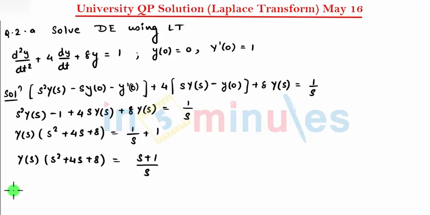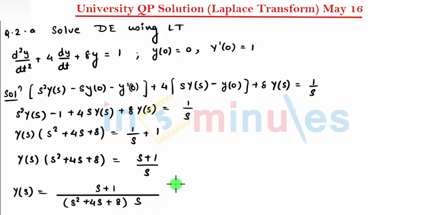So we can say Y of s is equal to s plus 1 divided by s square plus 4s plus 8, into s. Here we have s plus 1 divided by s square plus 4s plus 8 into s. You don't have factors for this, so we need to solve it by partial fractions.